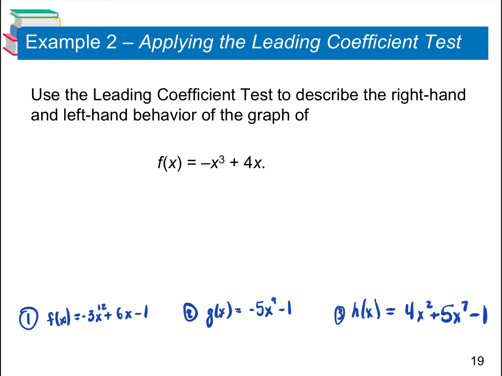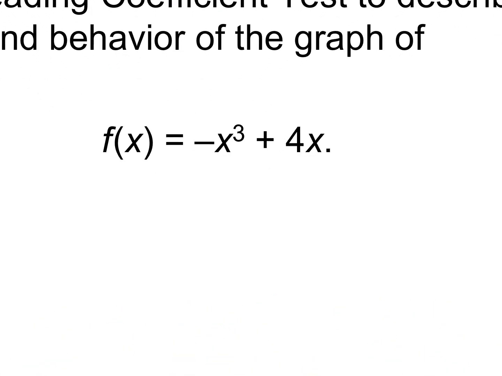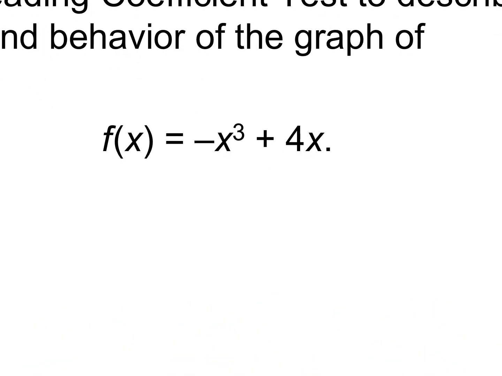All right, so we have 4 examples on this page. We're using the leading coefficient test to describe the right hand and left hand behavior of the graph. I'm looking at my term with the highest degree, the negative x cubed. The rest of it doesn't matter. Is my degree even or odd? It's odd. So are they going to go in the same direction or opposite directions?